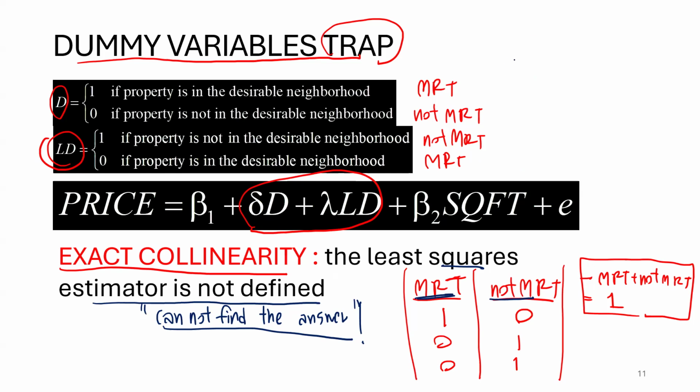So if you have n categories, use dummy variables for only n minus 1.